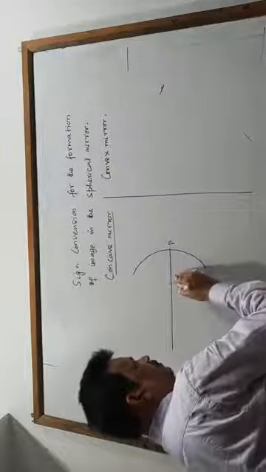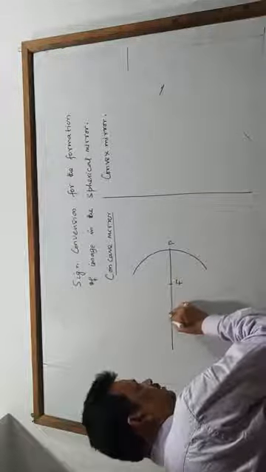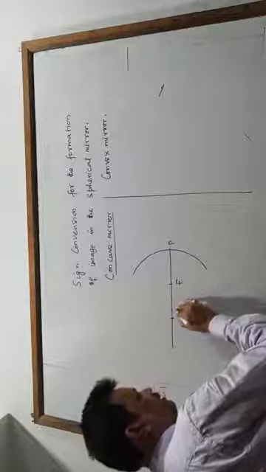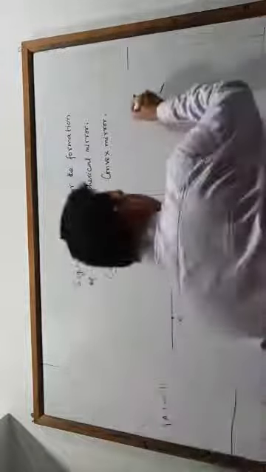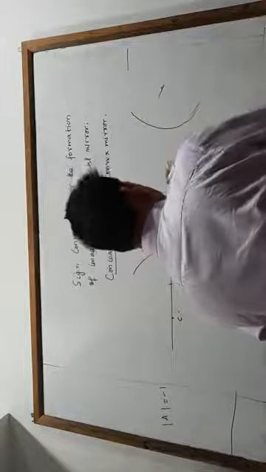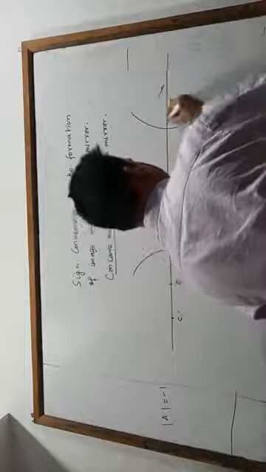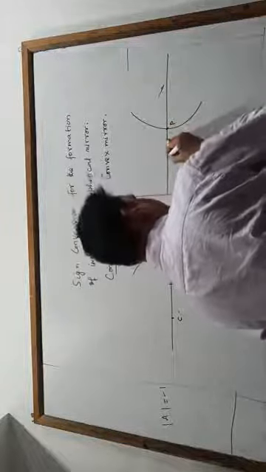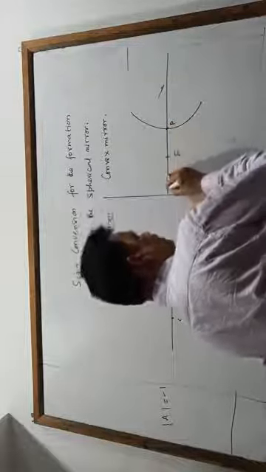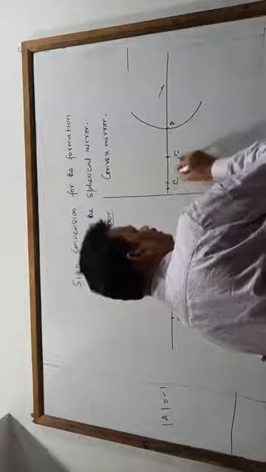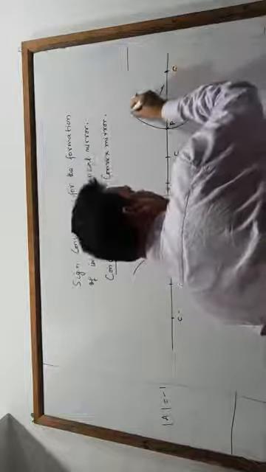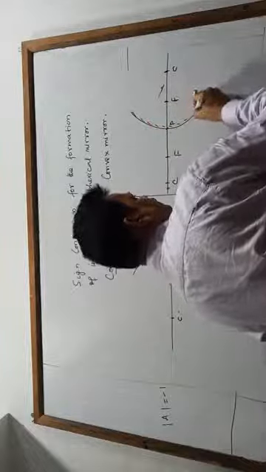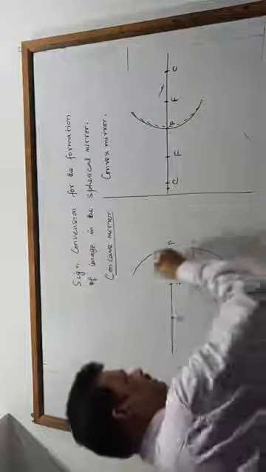This is suppose focus. This is suppose center of curvature. Now I'll take another one. This is pole. This is focus. This is center of curvature. This is coated inside. This is coated outside.